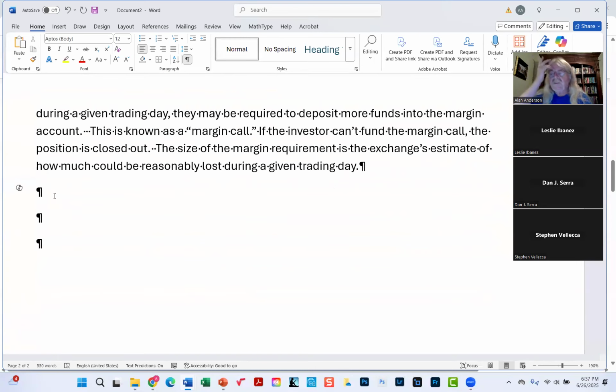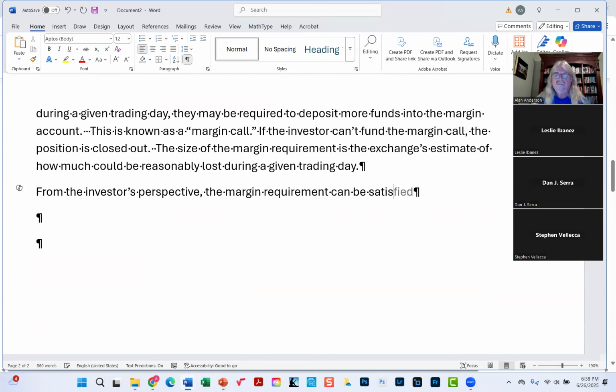Now, here's some good news though. From the investor's perspective, the margin requirement can be satisfied with treasury securities. It doesn't have to be cash.